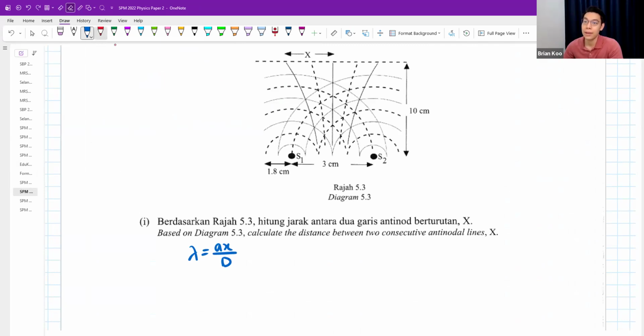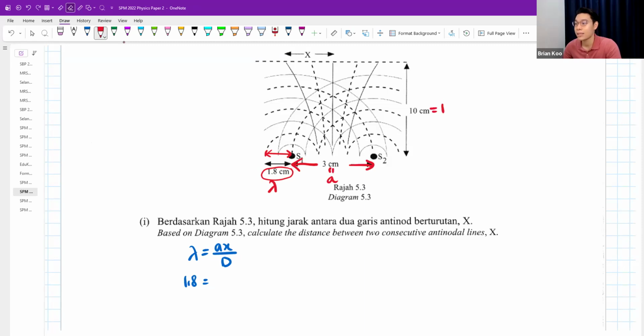First of all, lambda is the wavelength. If you count from one trough to the other trough, this is your wavelength, 1.8 cm. Maybe I don't write the cm because everything will be cm, by the way. And then the A value is the distance between the two coherent sources.